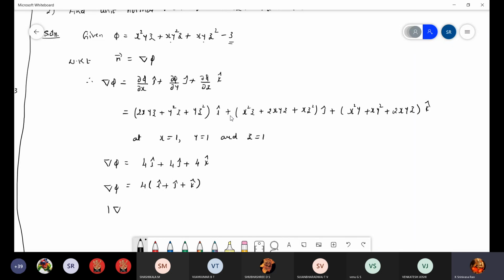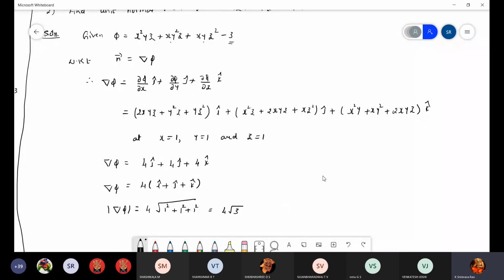Therefore, calculate its magnitude. That is 4 into square root of 1 square plus 1 square plus 1 square, that is 4 root 3.